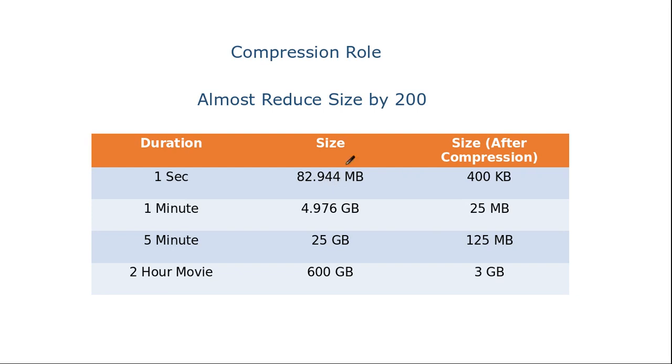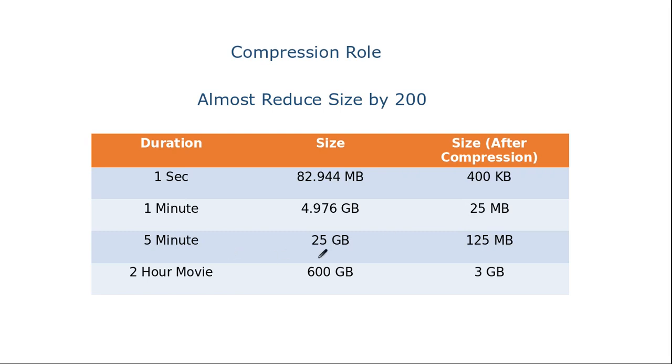But if you apply video compression on top of it, it requires just somewhere around 400 KB. So if you have a simple 500 kbps or 2 Mbps connection, this kind of video works completely fine, and with a 10 Mbps connection it will definitely work very well. For 1 minute of video, uncompressed takes almost 5 GB, but once you compress it, it requires just 25 MB. That is a feasible size on which current internet video compression standards work.